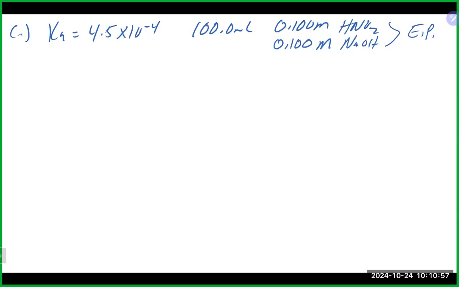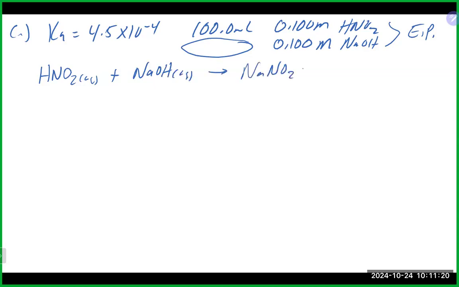Again, here, they did not give you the volume to reach the equivalence point, which you will eventually need so that you know the total volume here. There are a few ways to figure it out, but let's start with what we do know, which is I have HNO2, and I still have my sodium hydroxide reacting, giving me my sodium nitrite and my water here.